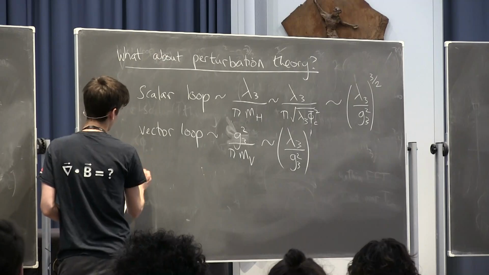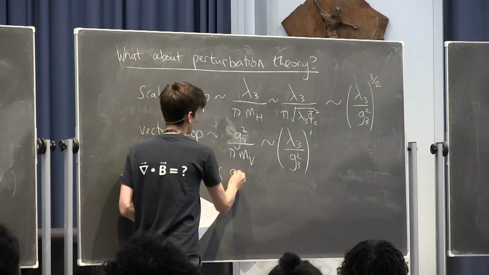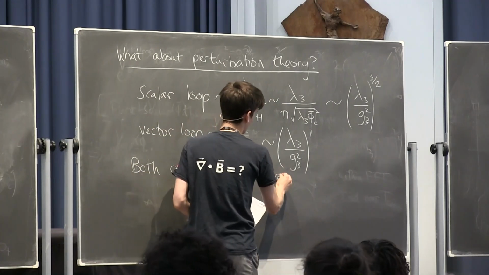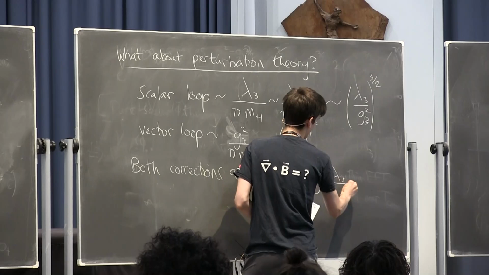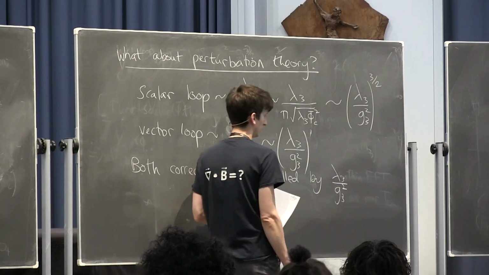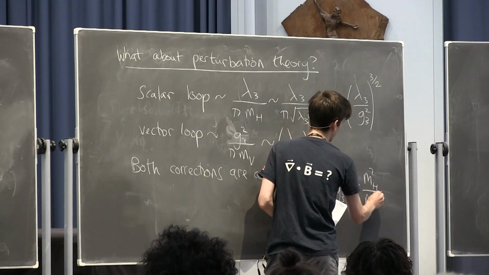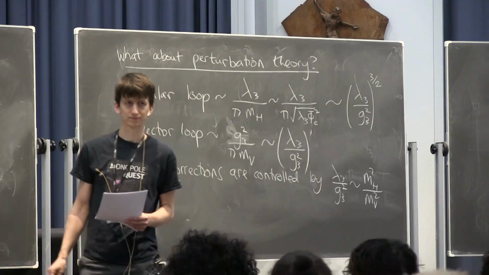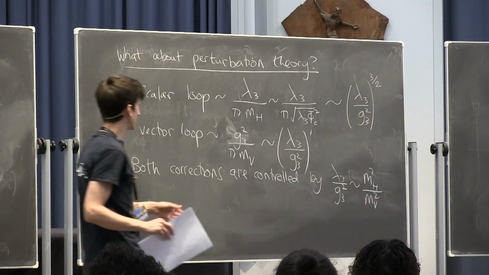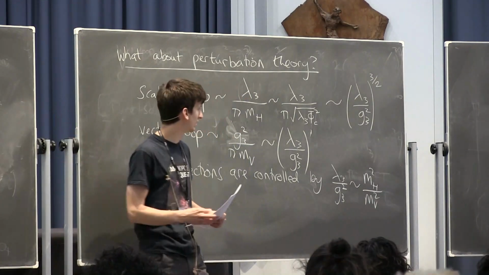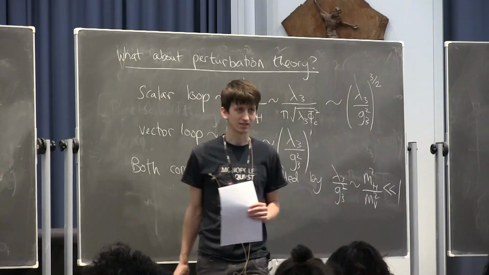Both corrections are controlled by lambda 3 on g3 squared. But this is m Higgs squared on m_V squared. And I said before, we have a scale hierarchy, where the vector is much heavier than the Higgs. So if we have a scale hierarchy, that's small.